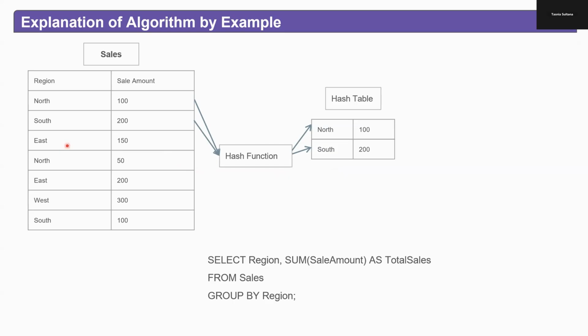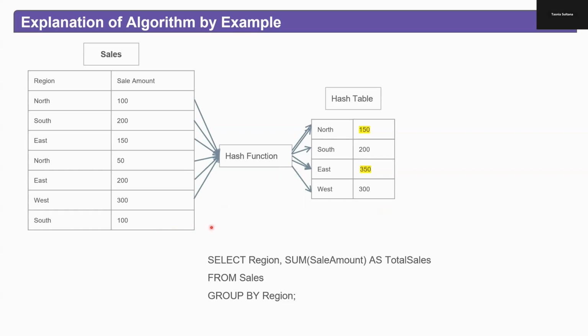Next, we process east, which is inserted as a new row in the hash table. When we encounter north again, the hash function finds the existing row and updates it, adding the sale amount. The same happens with the east. The existing row is updated, and west is inserted into the hash table as it is new.